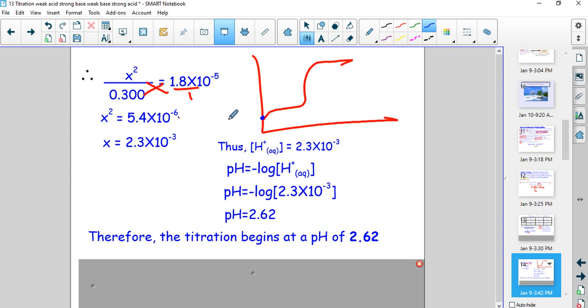This is volume versus pH, and in this case the initial pH is 2.62.